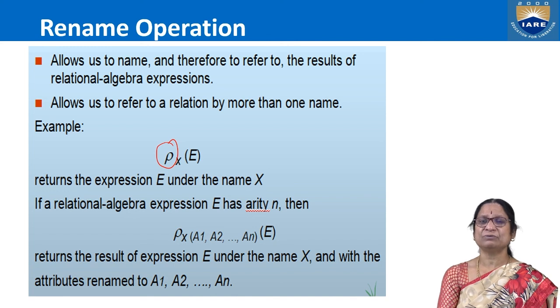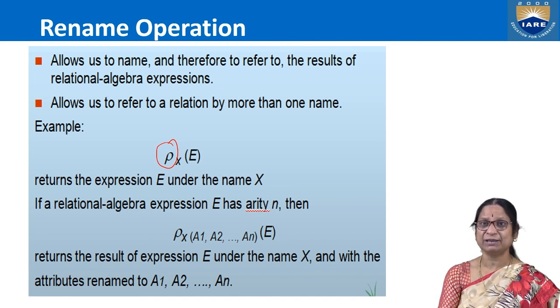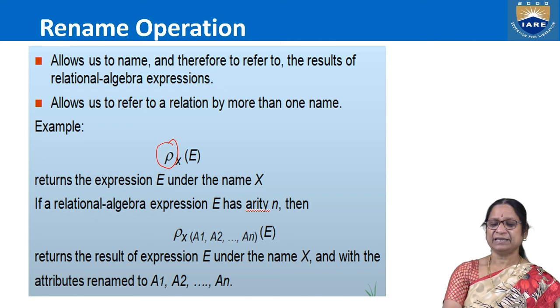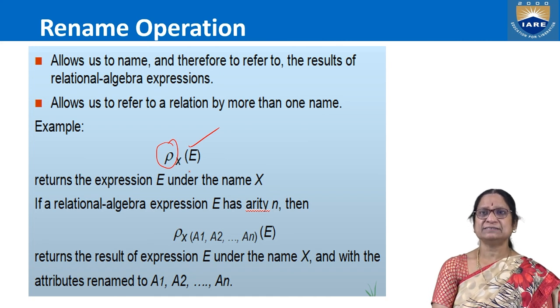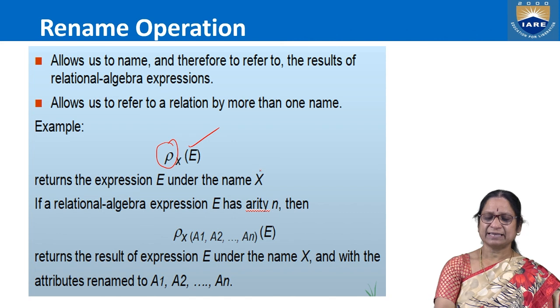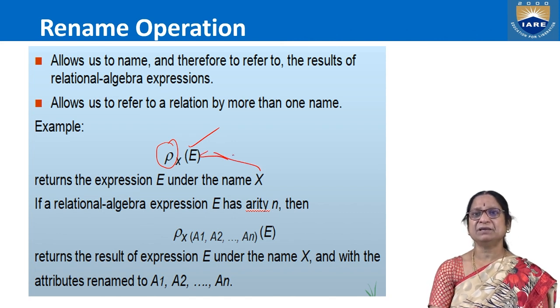That is, we can refer to the same relation with another name also, not only its own name. Whenever we are giving a rename, with that name also I can refer to it. For example, here rho x of E, that is, hereafter the relation E is also renamed as x. I may use E or I may use x further.